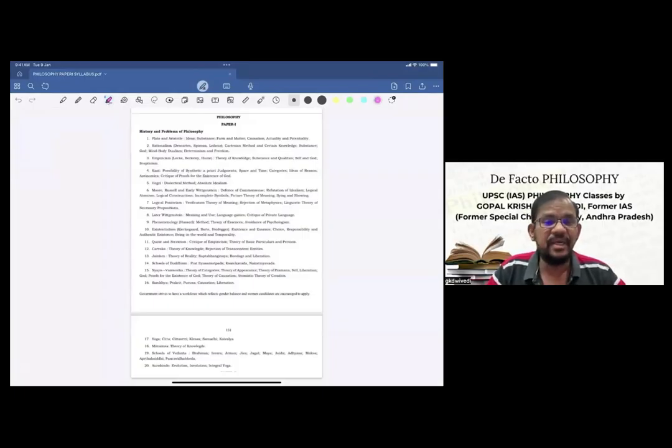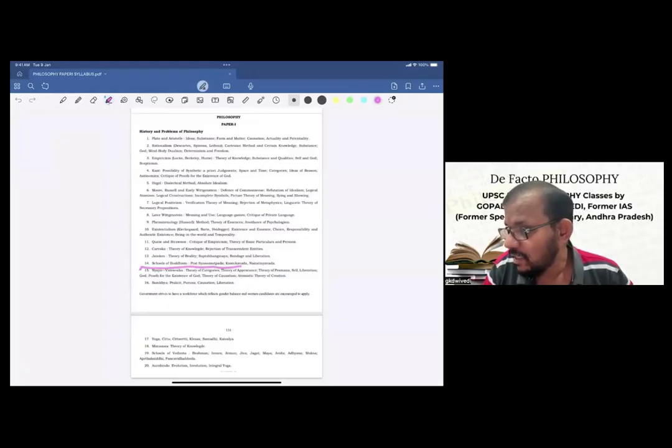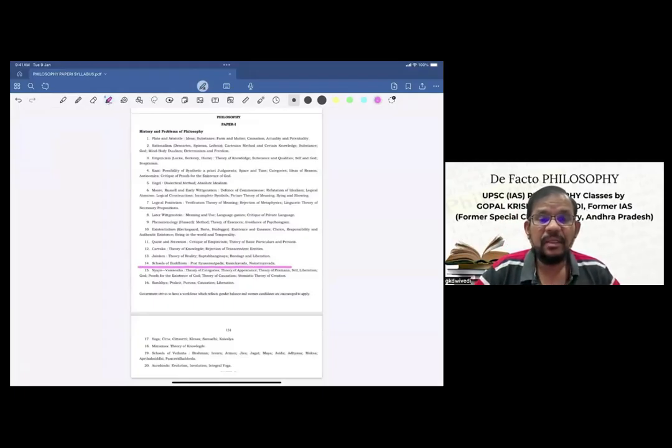For Buddhism, schools of Buddhism is mentioned. See, this is schools of Buddhism: Pratityasamutpad, Kshanikvad, and Nairatmavad. So these are the three theories mentioned for schools of Buddhism.